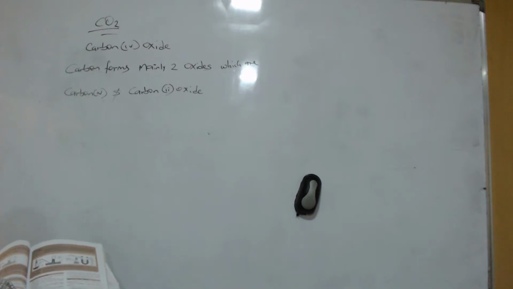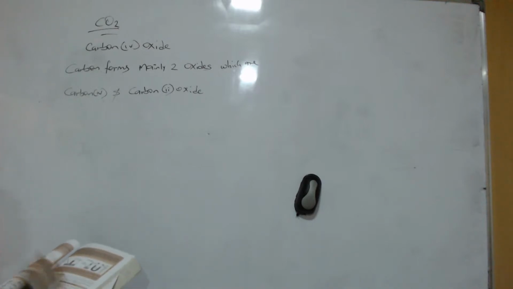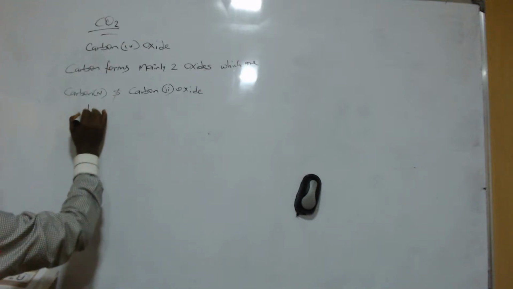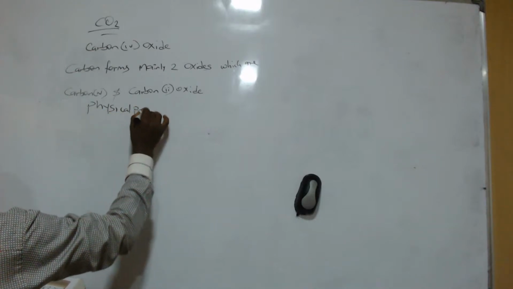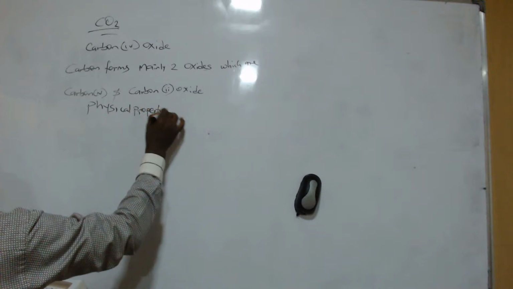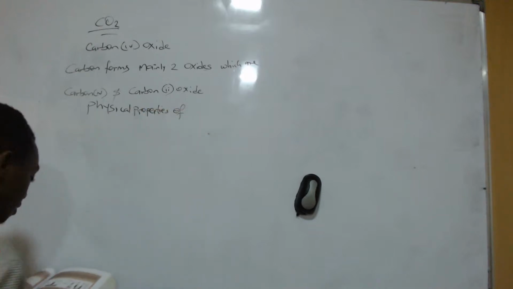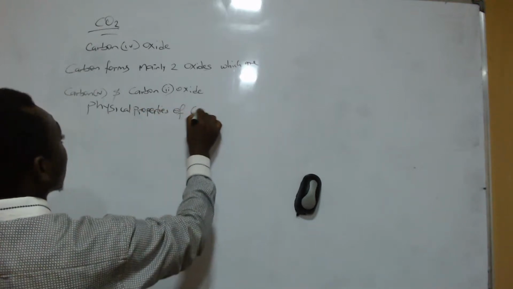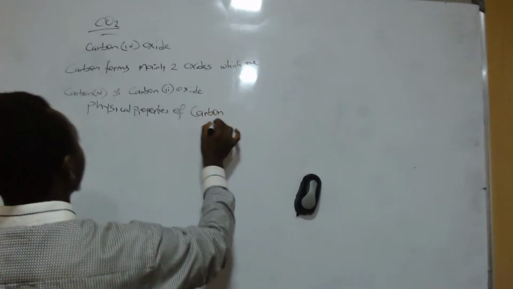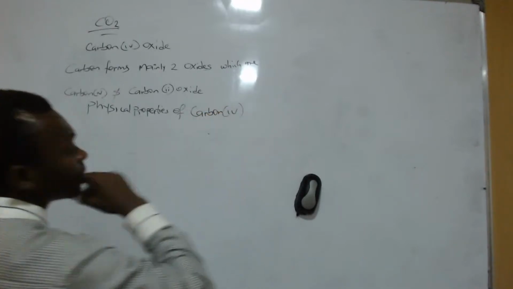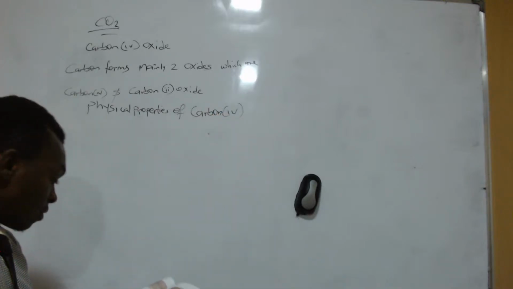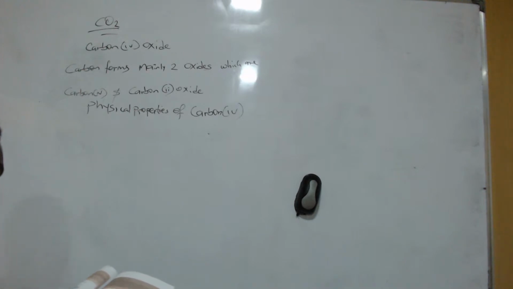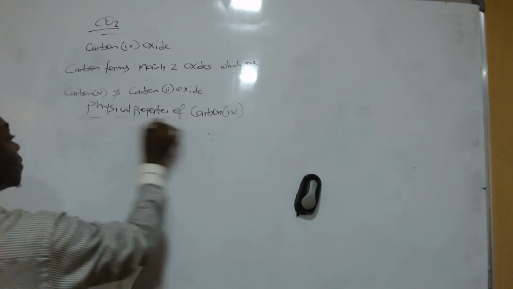I'm going to be looking at the physical properties and the chemical properties of both. So, physical properties of carbon 4 oxide.